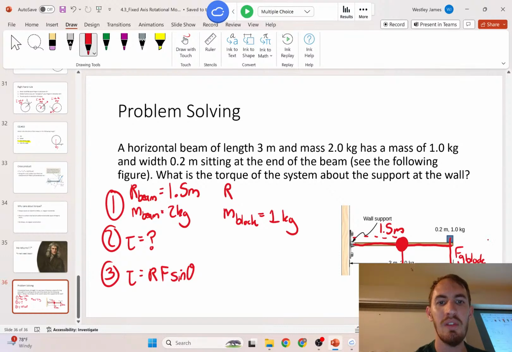I want you all to see if you can figure out the distance for that block. Based on where I drew that arrow and knowing that that block has a width of 0.2 meters, what is the distance from my pivot point to the center of mass of that block? What is the distance from the pivot point to the center of that block?